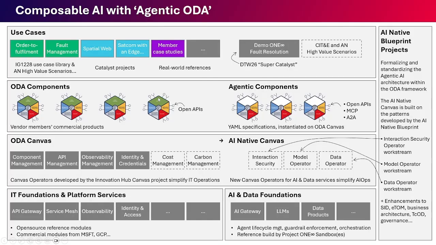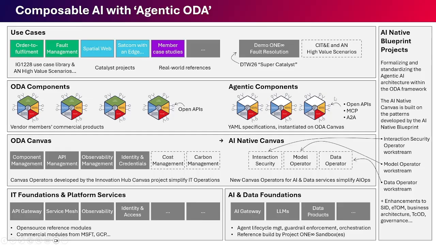So I can have systems of record ODA component exposing MCP interface so it's available towards an agent, and I can have an agent deployed as a component, and this agent will expose an A2A interface so other agents can discover its capabilities and the services it offers.